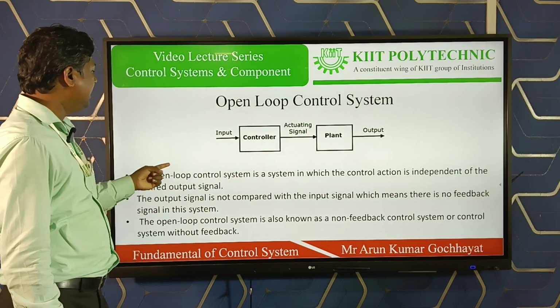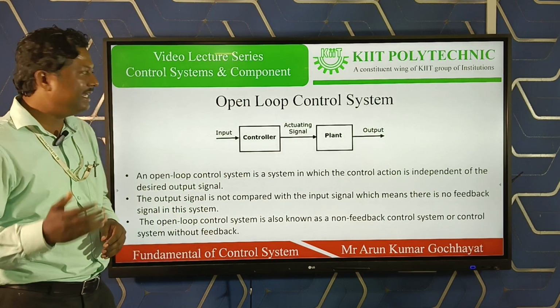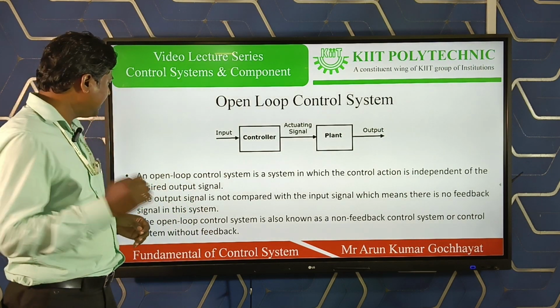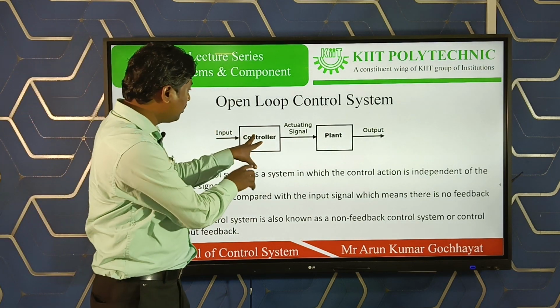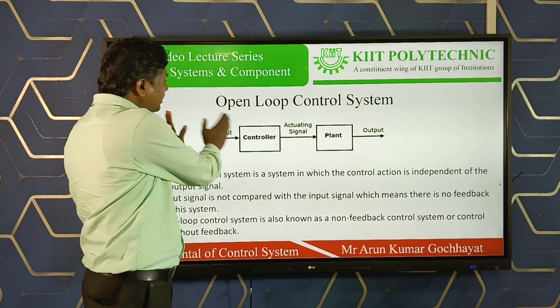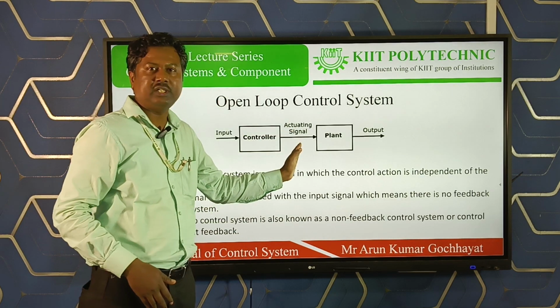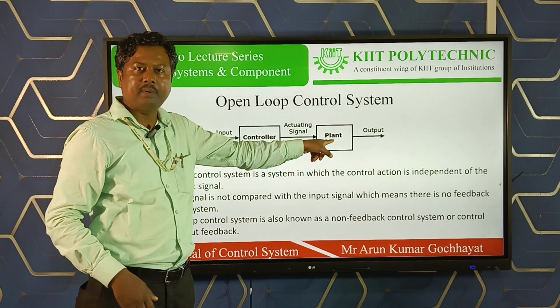What is written over here? An open loop control system is a system in which the control action is independent of the desired output signal. That means this controller does the controlling, meaning conversion of input to an actuator signal, the signal which can actually drive the plant.